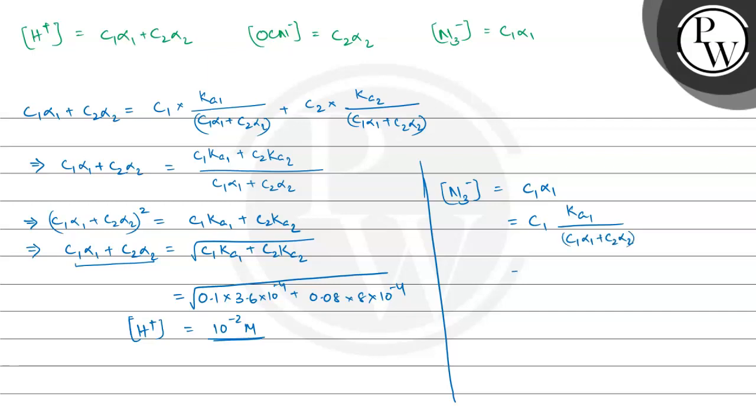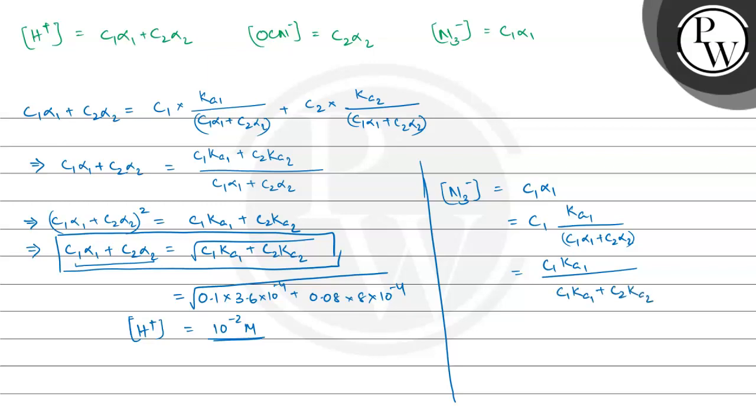Alright, and this will be equal to C1 Ka1 divided by, here the value of C1 alpha 1 plus C2 alpha 2 we can get from this expression. So this is the square root of C1 Ka1 plus C2 Ka2, and the value that comes out: C1 is 0.1 multiplied by Ka1, that is 3.6 into 10 raised to the power minus 4, divided by the square root of C1 Ka1 plus C2 Ka2, that is equal to 10 raised to the power minus 2 molar.